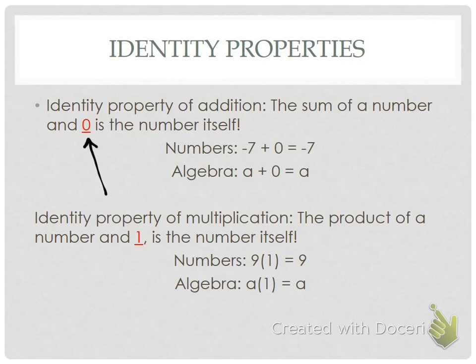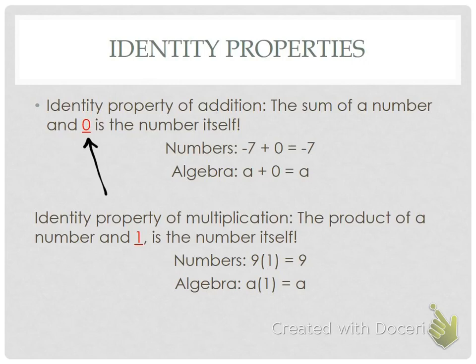What's 5 plus 0? 5. What's negative 3 plus 0? Negative 3. What is 2,000 plus 0? 2,000. Does it matter what number I use? Take a number and add 0, and it's always the number itself.